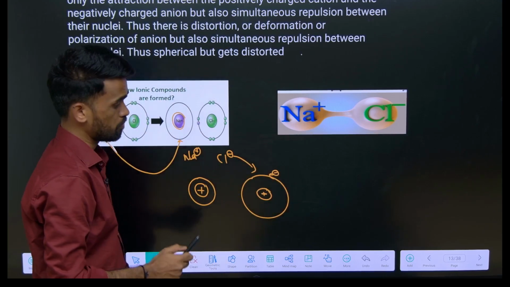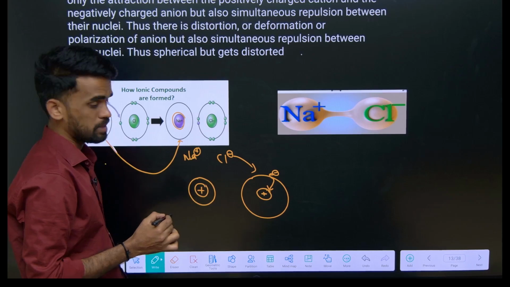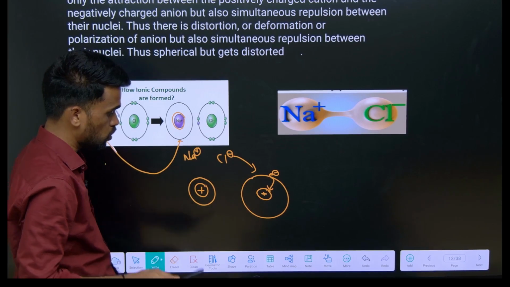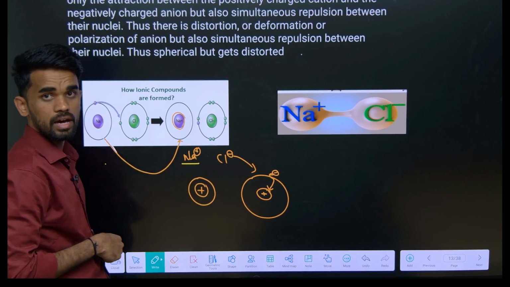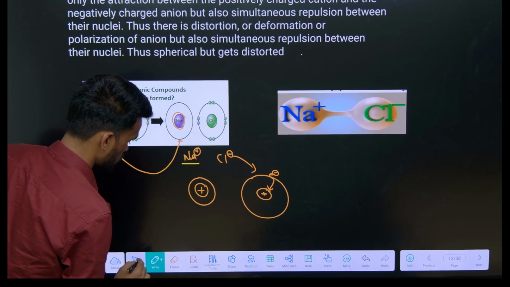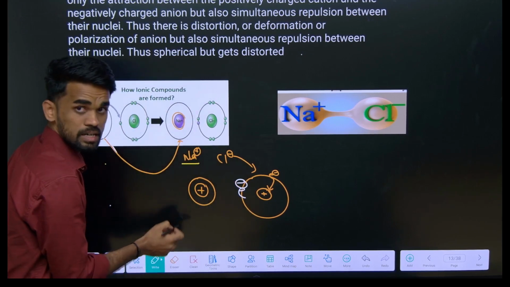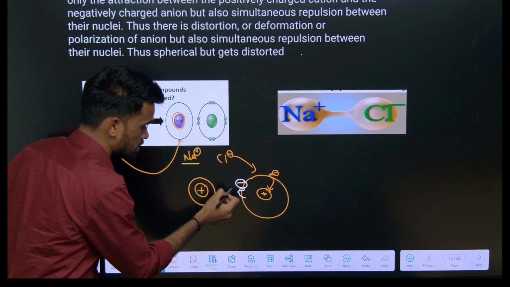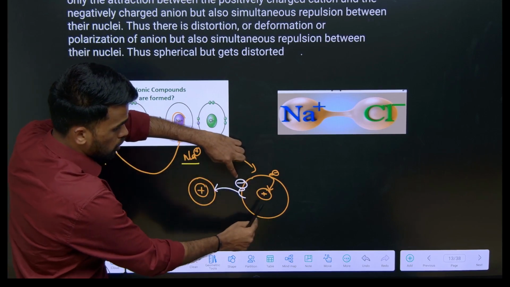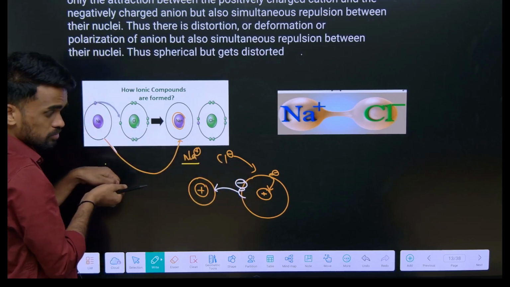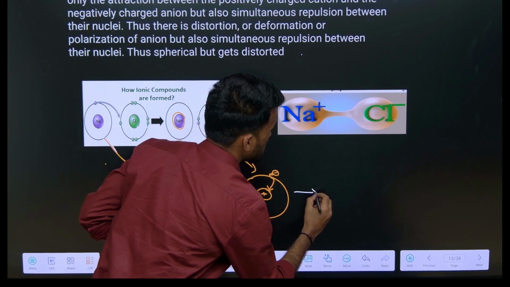This electron cloud of chlorine is attracted by its nucleus, and also here we have a more positive charge on this sodium ion. Therefore, the electron cloud of this chlorine is polarized, or dragged, by this positively charged cation. Whatever electron cloud is around the chlorine will be dragged towards the positively charged sodium atom, and it will result in something like this.